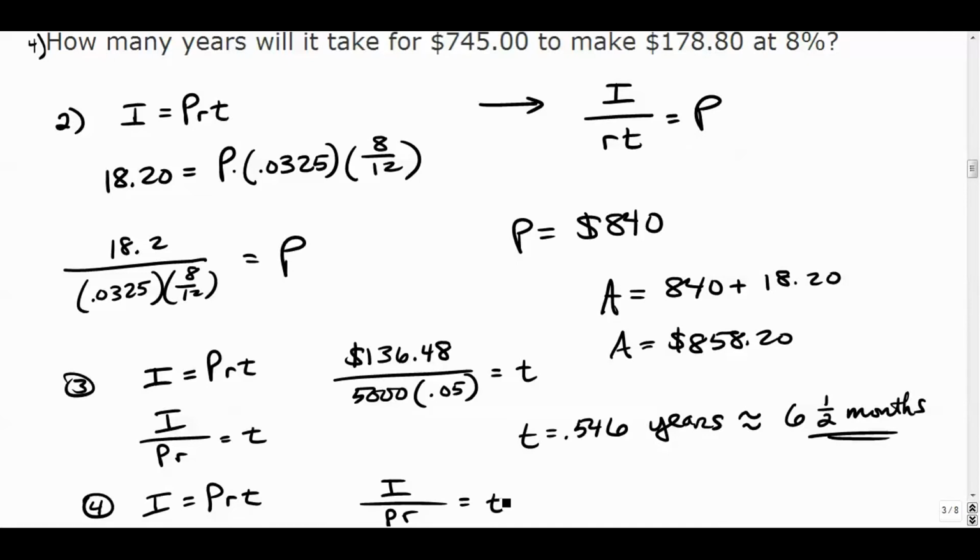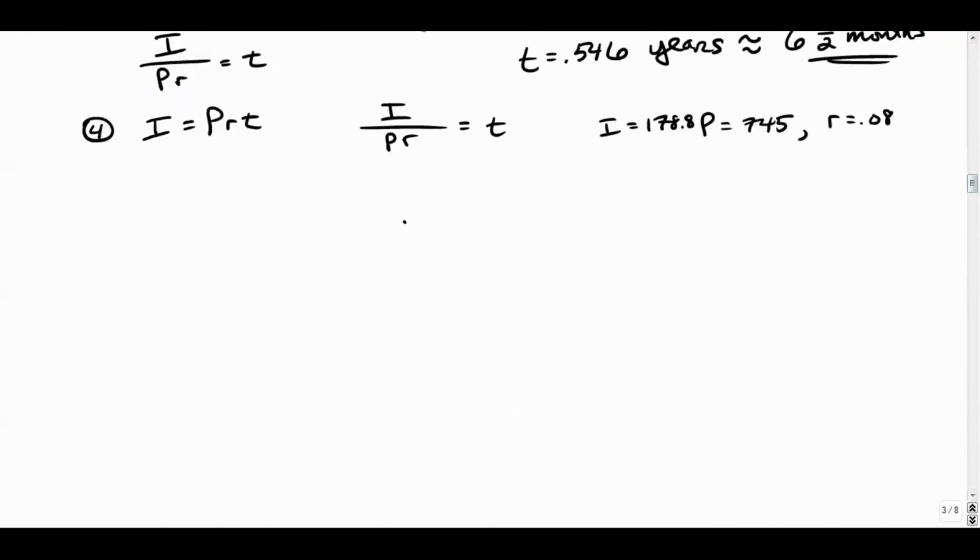My principal in this case is 745. So P is 745. My rate is 0.08 and my interest is 178.8. So just plug it all in. 178.80 over 745 times 0.08.